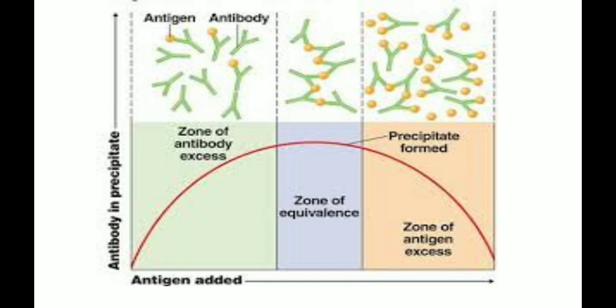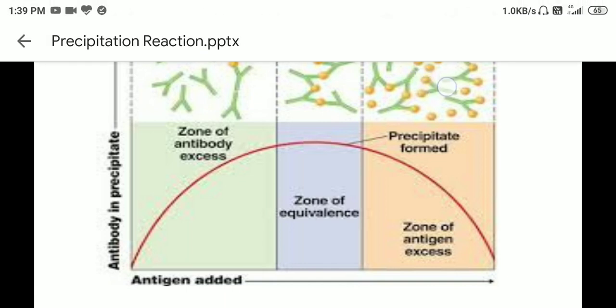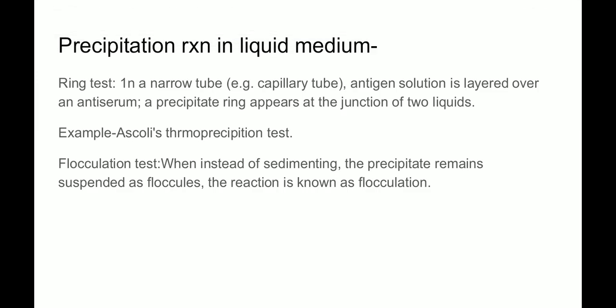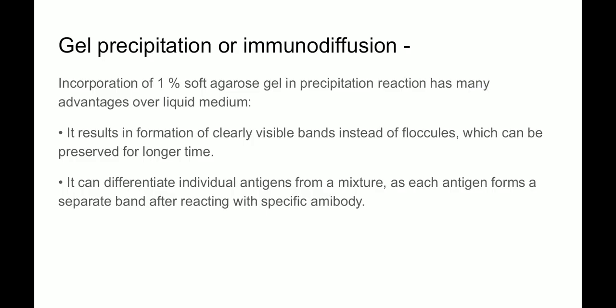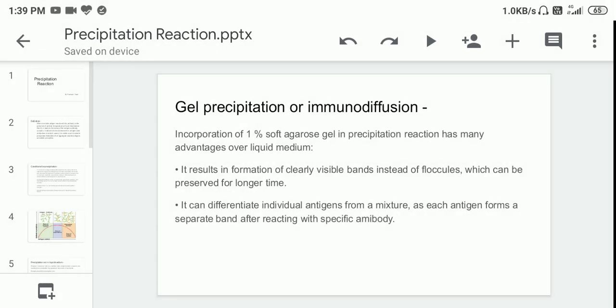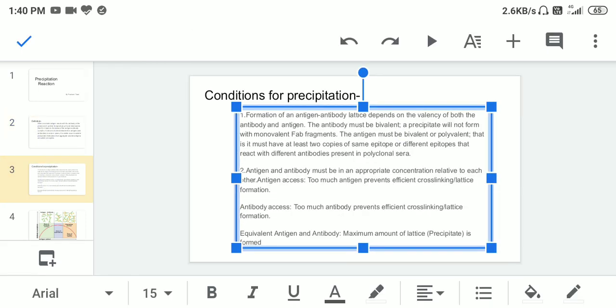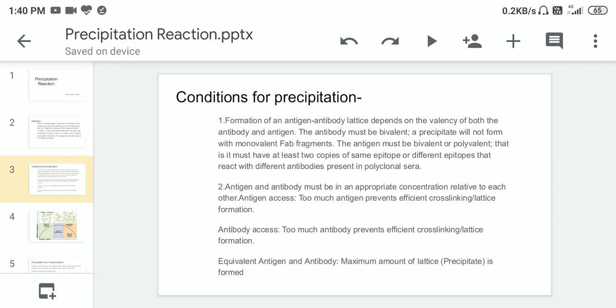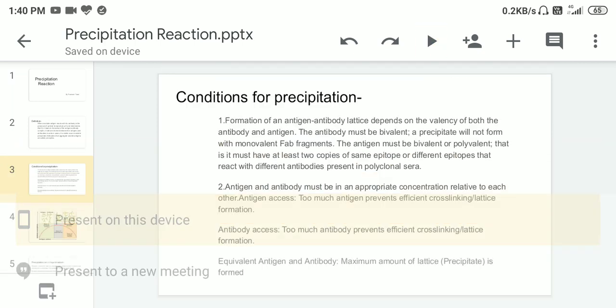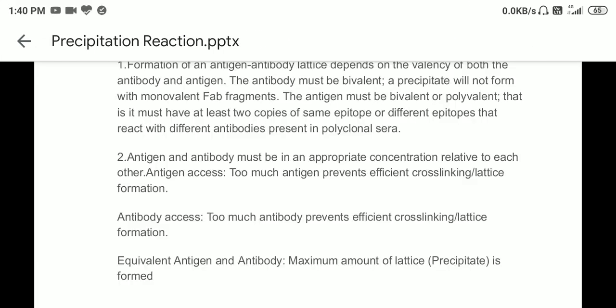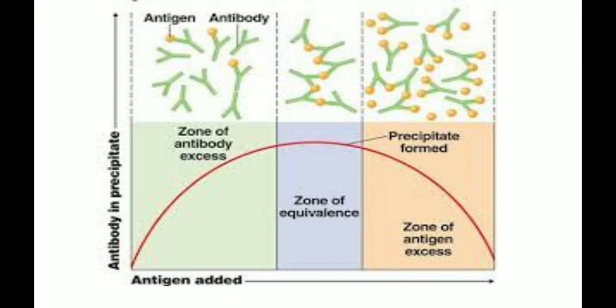So in the zone of equivalence, you can see that only there does precipitation take place.